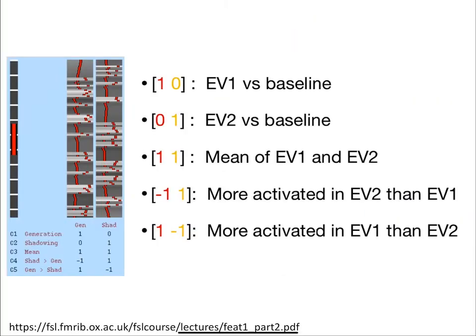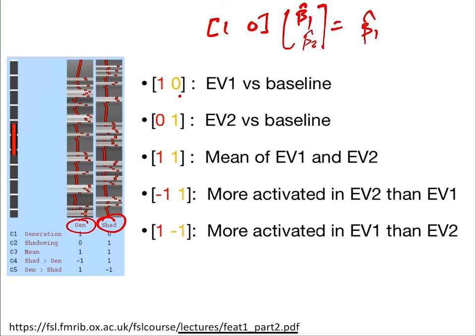Okay, let's take a look at this. We have two cases, word generation and word shadowing. If I had 1 and 0, this would just pick out the first explanatory variable. So 1, 0 times beta 1 hat, beta 2 hat would just give me beta 1 hat. If I see a 1 in the first place and a 0 for the second one, that's just going to look at the first variable, which is baseline.